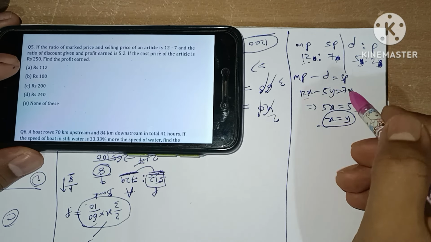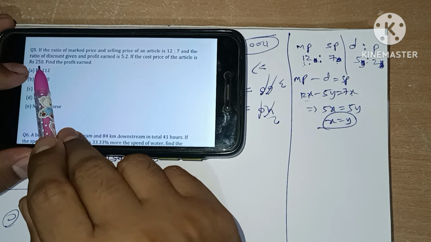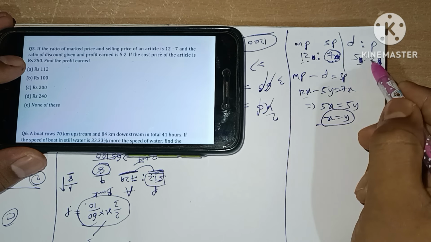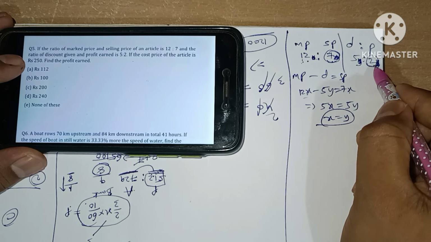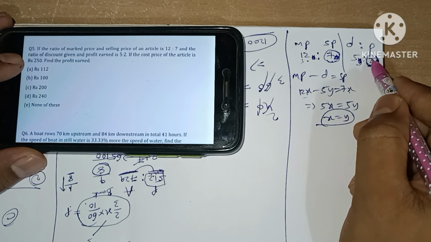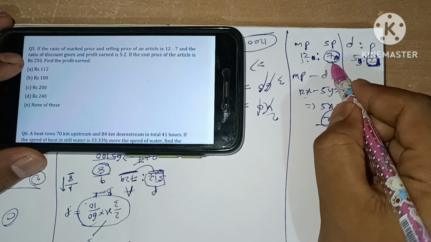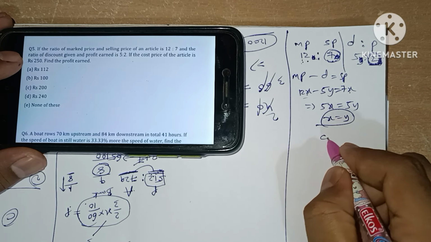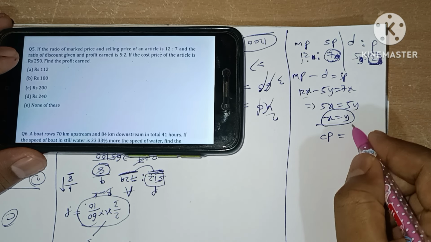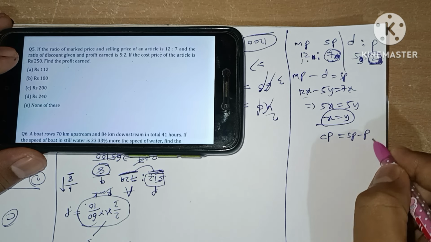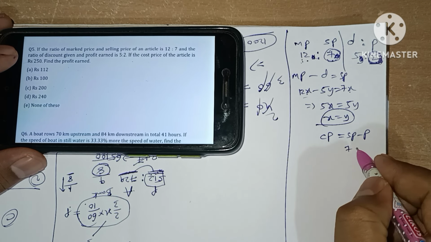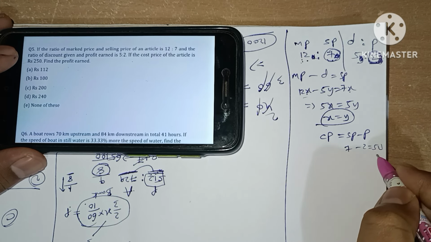Now here we have cost price is 250. Here we see selling price is 7 parts and profit is 2 parts. It means he got 2 more as profit. CP equals to selling price minus profit. Selling price is 7 units and this is 2 units. We get 5 units.